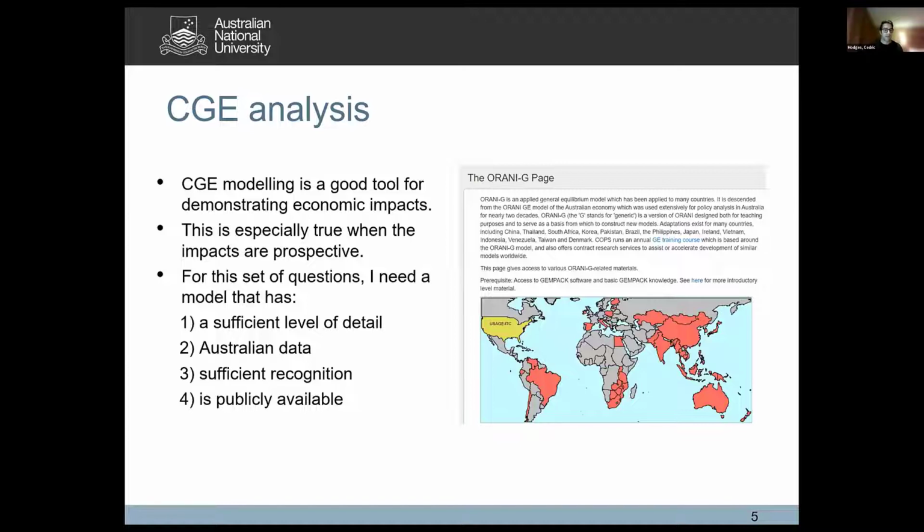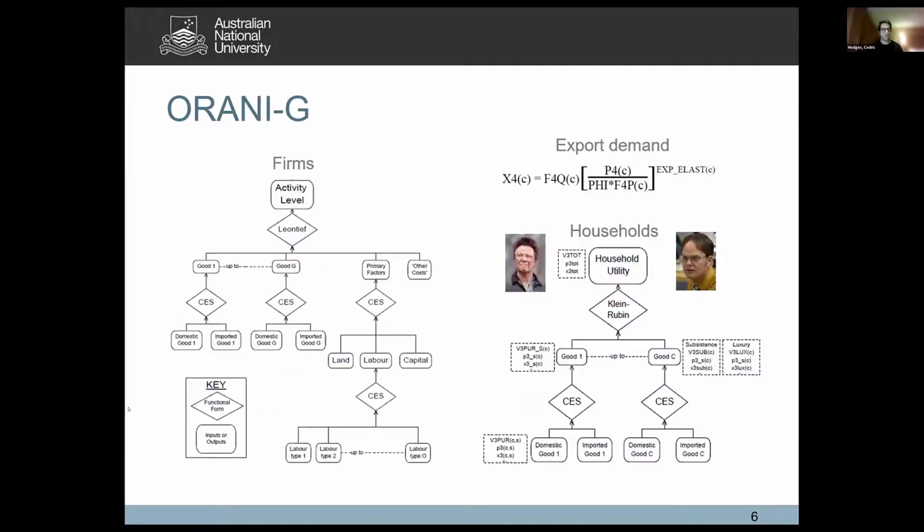I needed something that people would understand and not have to learn. And ORANI is definitely one of the more widely understood models out there. And I needed something publicly available. There were no qualms with me sharing it with anyone, so that they could check it and build on it if they wanted to.